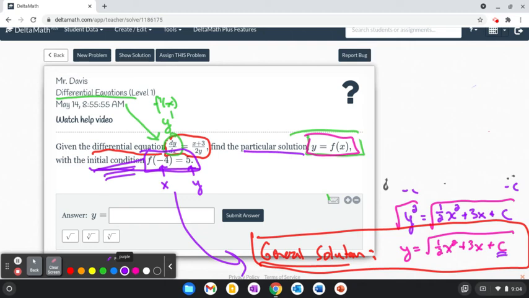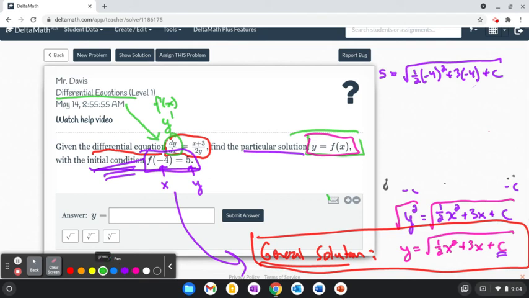So I'll show you how that works here. So y is supposed to be 5, so I'm going to replace y with 5 equals square root 1/2 and then -4 squared plus 3 times -4 plus c. Okay, so what I've done is replace my x's and y's with 5 and -4. And then now I need to solve for c.